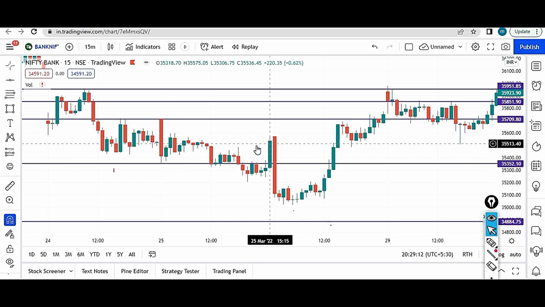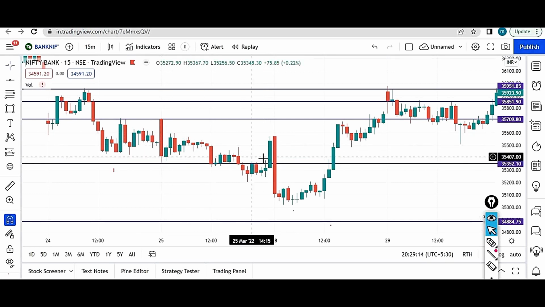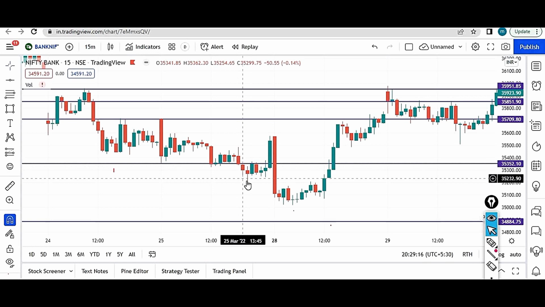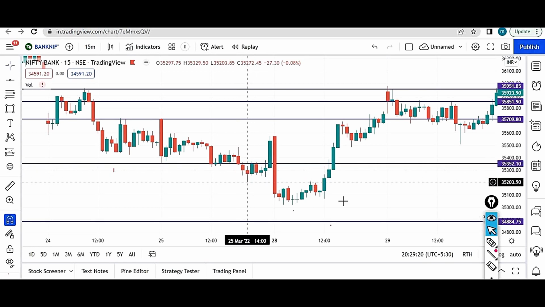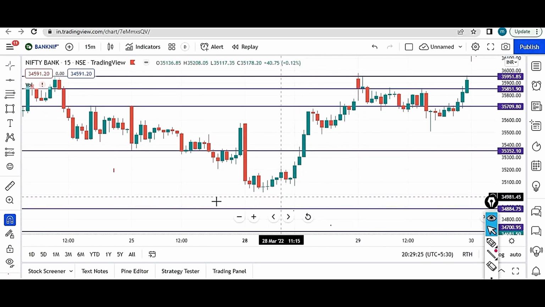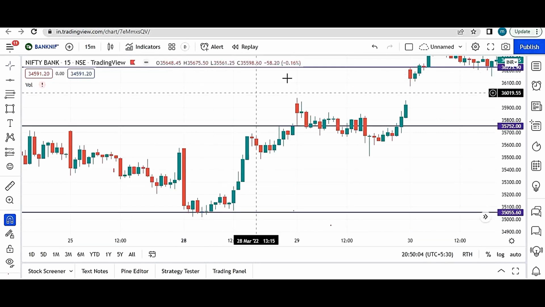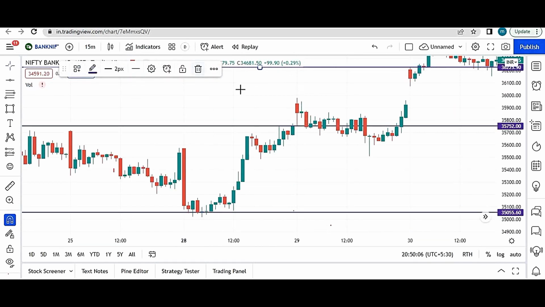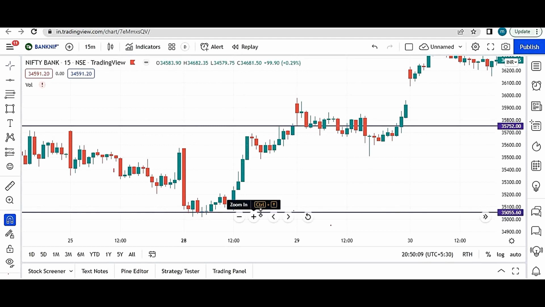Okay, it came inside. If you put a stop loss at 50% of this level, it might take. Or else if you book this small profit, it will be some 100 points. Okay, let's figure out further inside bar. On March 28th, this is an inside bar.